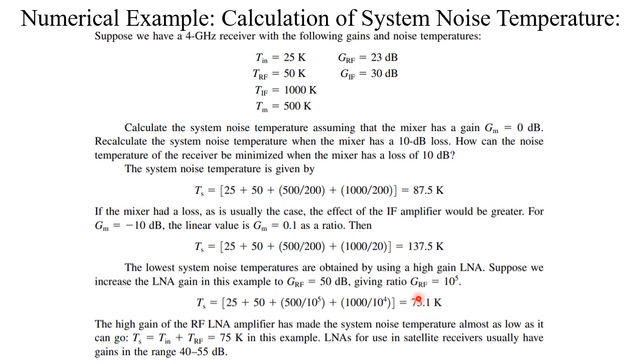So just by increasing the gain, you can reduce the equivalent noise temperature, right? So high gain of the LNA has made the system noise temperature almost as low as it can go. Ts equals T in plus RF, that is 75 Kelvin, right? LNAs for use in satellite receivers usually have gain around 40 to 55 dB for practical purposes.